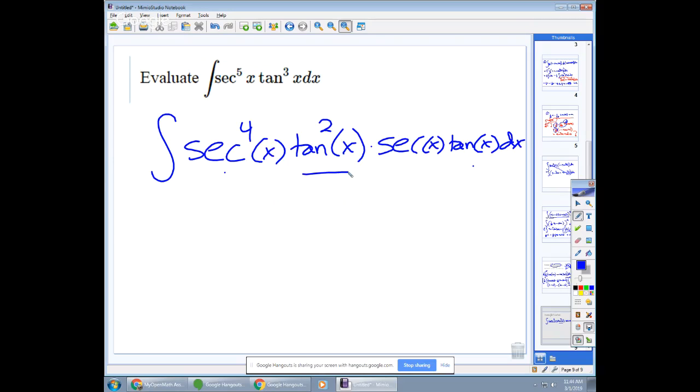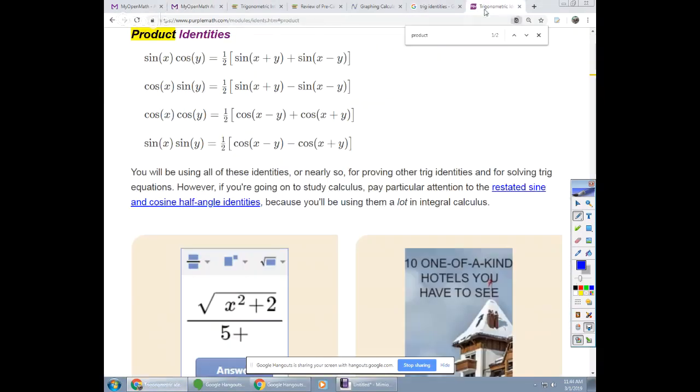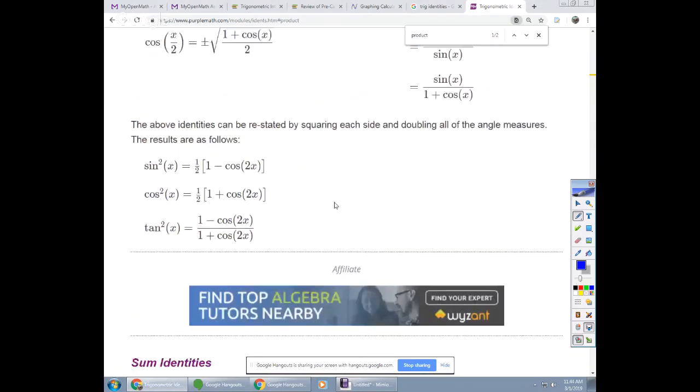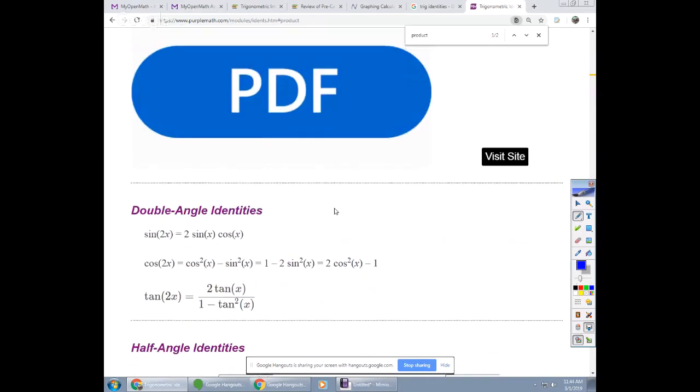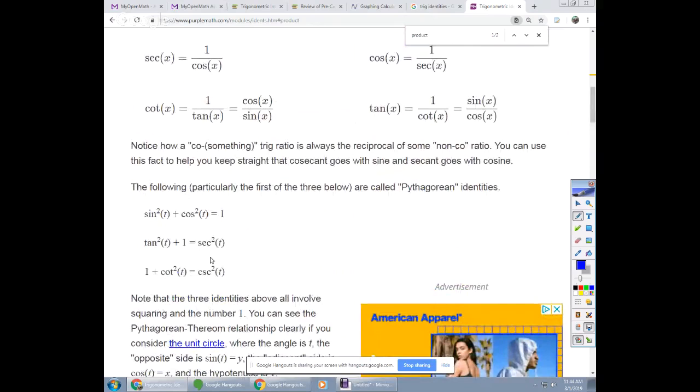Almost, not 1 minus, but 1 plus secant squared. Yeah, so I'm going to double check that in our identity sheet in case my memory has failed me. Purple math, Pythagorean identities, right there. Nope, you were right, Rob. Tangent squared is secant squared minus 1.